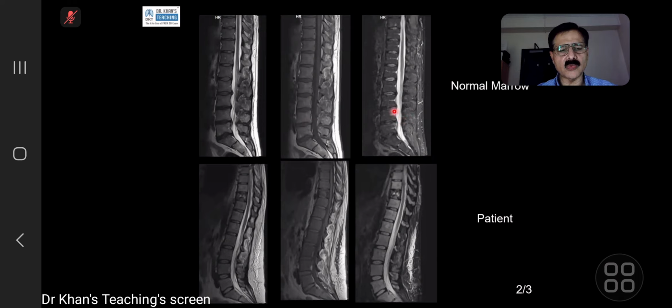And on the STIR sequence, the word STIR is short tau inversion recovery. It's a fat saturated sequence. So the fatty marrow is saturated and the vertebra is dark, and look at our abnormal vertebra.